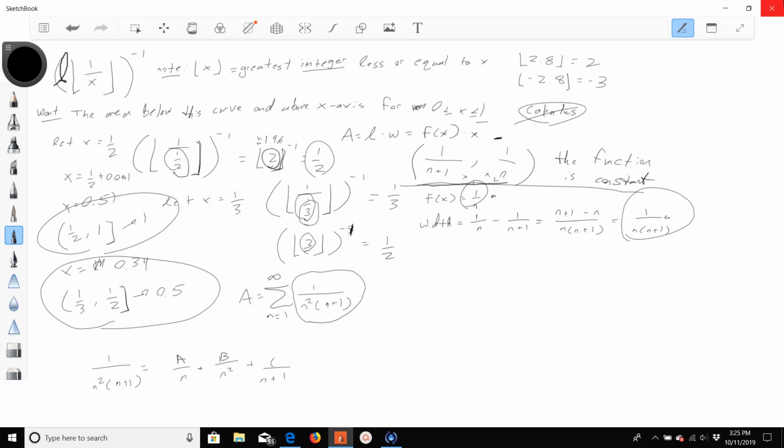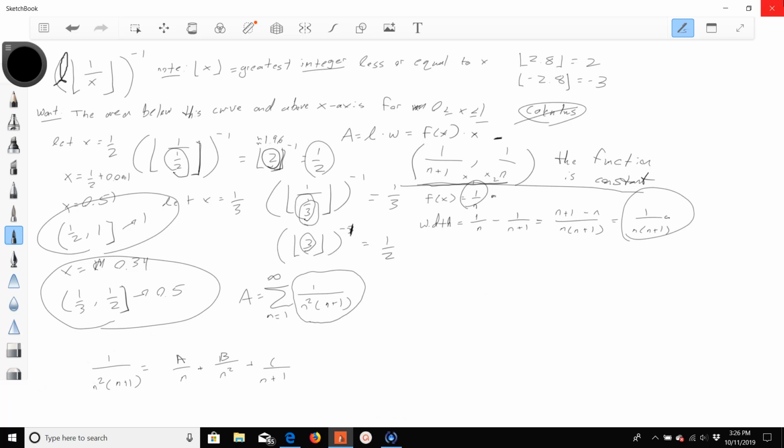Now I'm going to take the shortcut lazy way, because laziness is always a good idea in math. So I'm going to use what's called the cover-up method, and it's a little hard to illustrate on this little whiteboard.